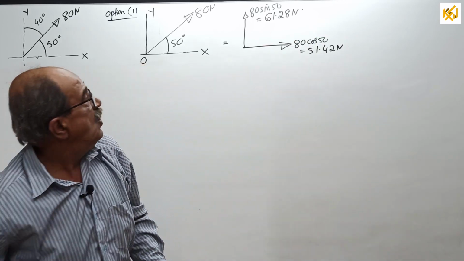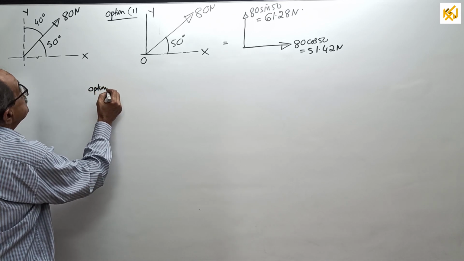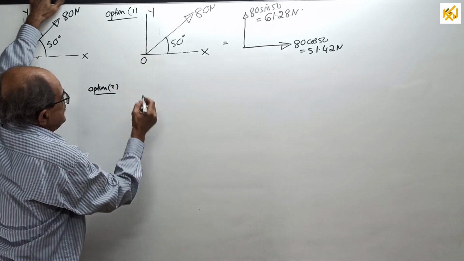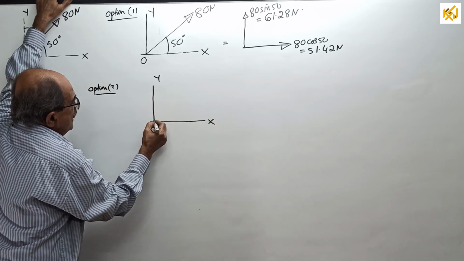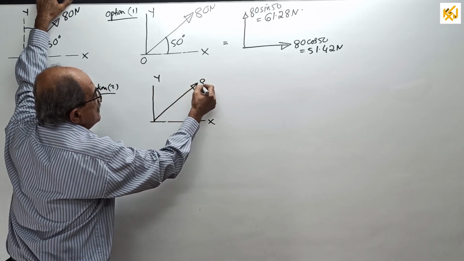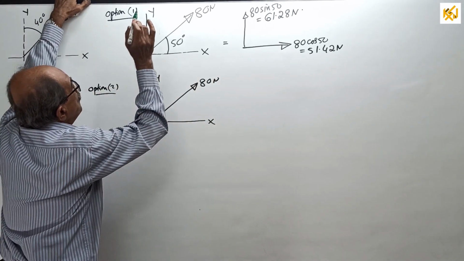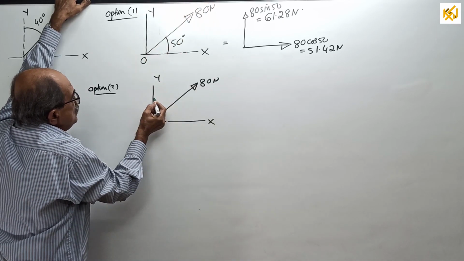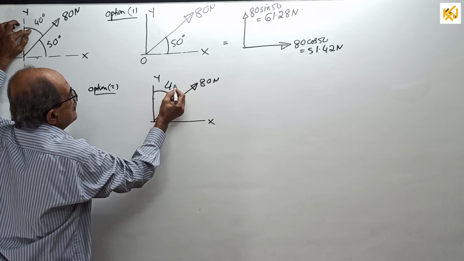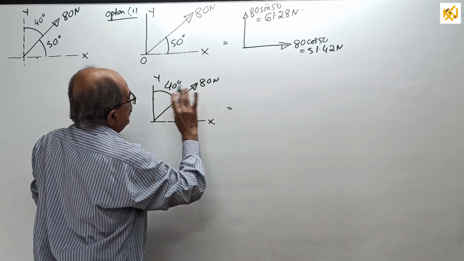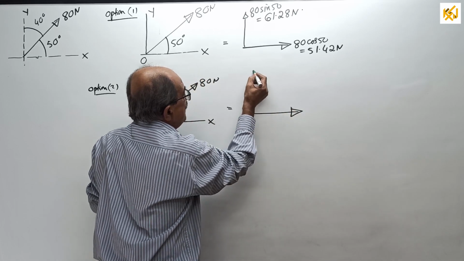Now, Option 2, I'll write here. Once again, same: this is x, this is y, same force 80 Newton. Now, I will consider the angle made by the force 80 Newton with the y direction, this angle, then it is 40 degrees. Now I want one component like this and one component like this, already explained.